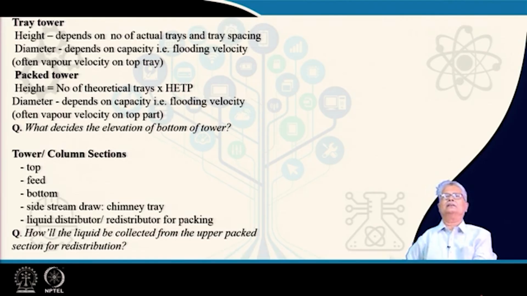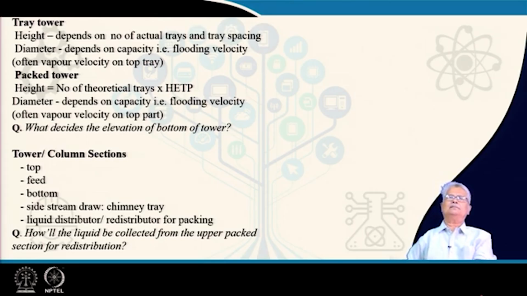Similarly, the one major output is the diameter, which in most of the cases will be uniform, except in case of very large towers like the crude distillation column, where changing the diameter saves on material, increases the manufacturing cost, but they even out or give you an overall advantage.